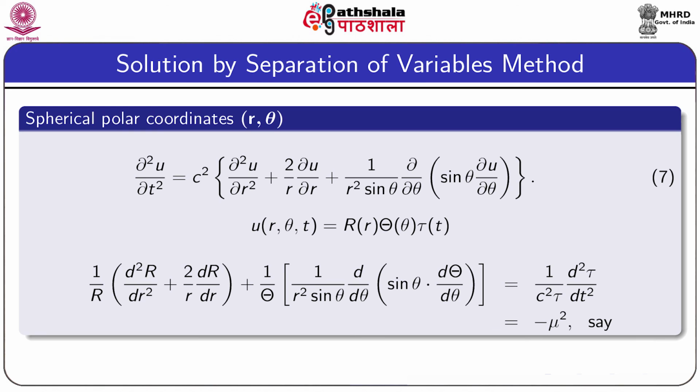So, as usual, we first separate the function of t, that means tau first, and we have taken the expression to the right side, and to get the periodic solution, we assume the separation constant as a negative number, minus mu square, where mu is a real constant.